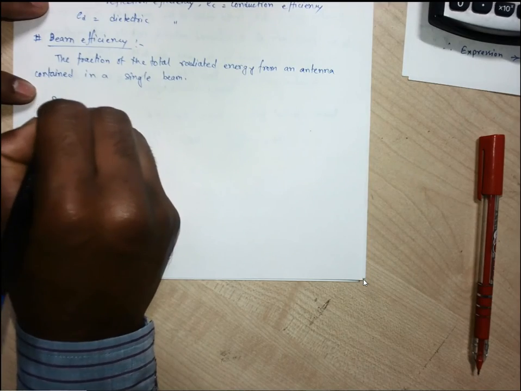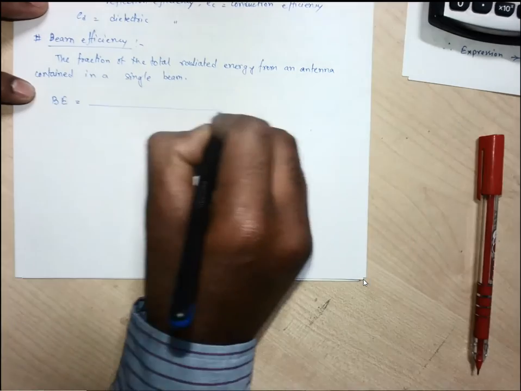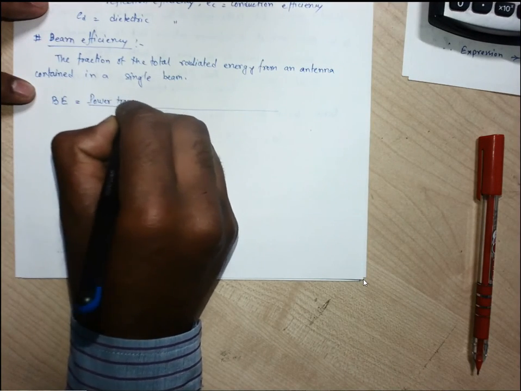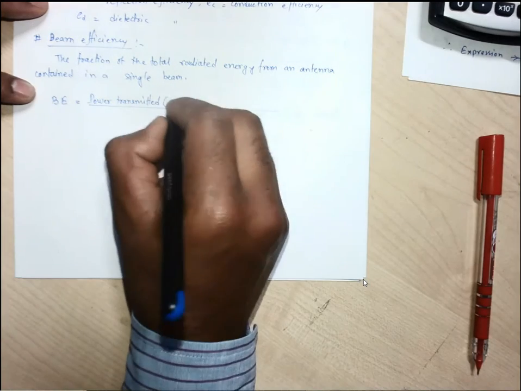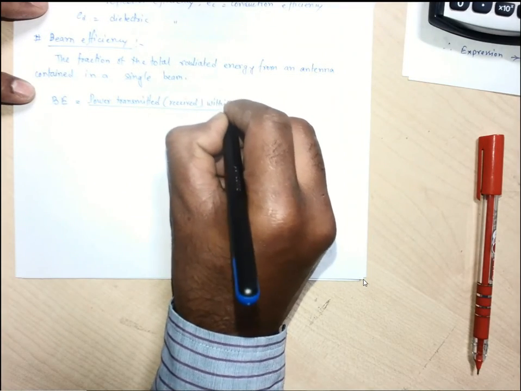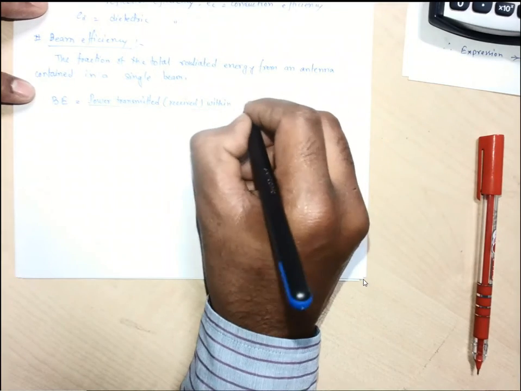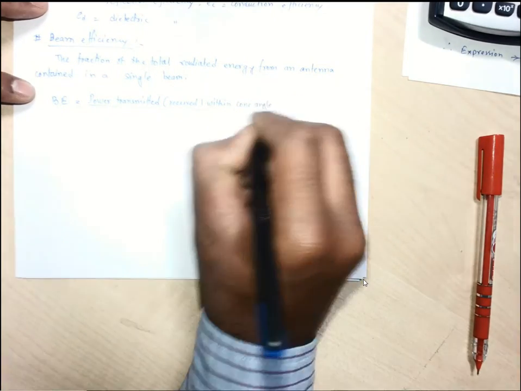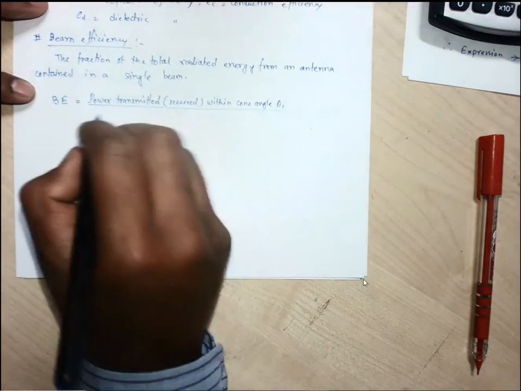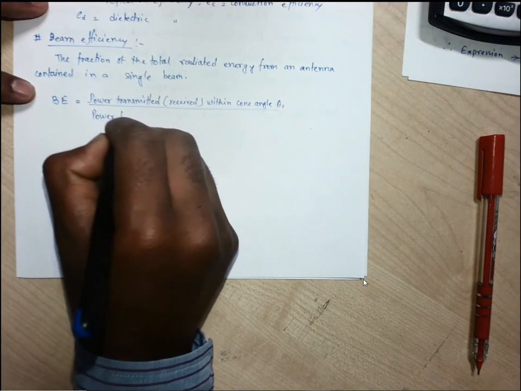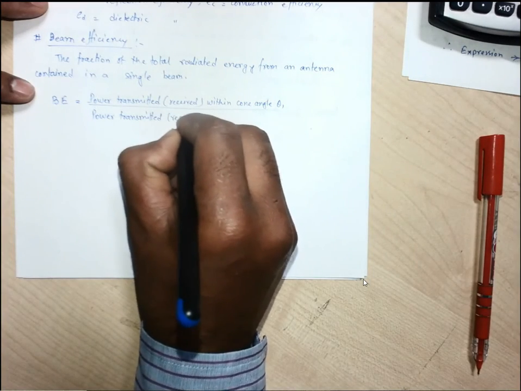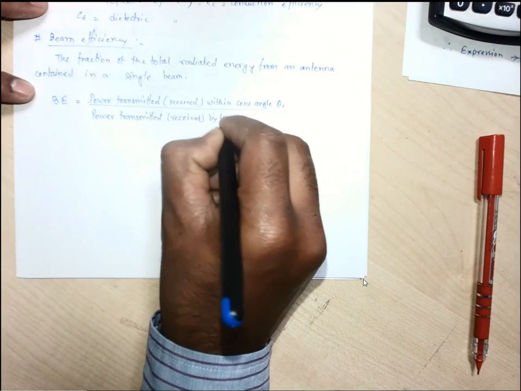That is, beam efficiency BE is equal to the power transmitted or received within cone angle theta 1 divided by the power transmitted or received by the antenna.